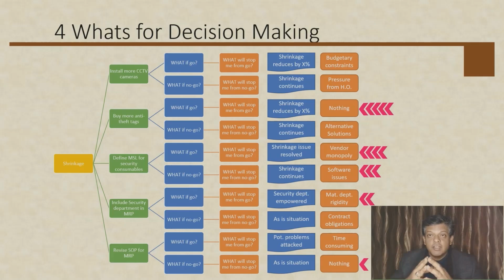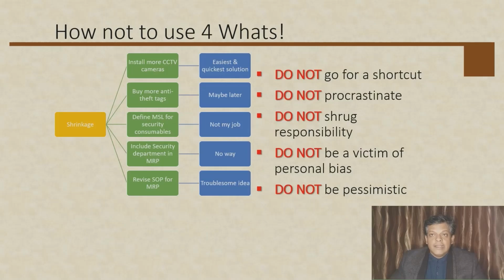Revising an entire process or standard operating procedure is not an easy job. So likewise, I can select certain actions and assign priorities to them, and this is what is going to enable me in quick and fast and effective decision making. I hope the example just discussed was quite simple and easy to grasp.